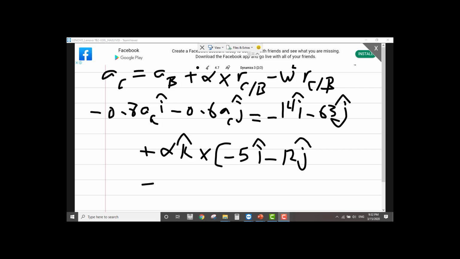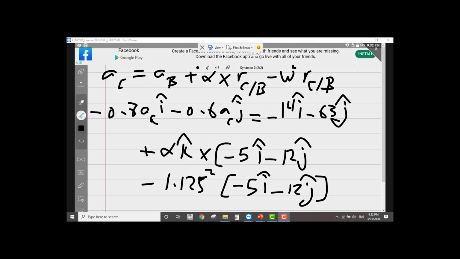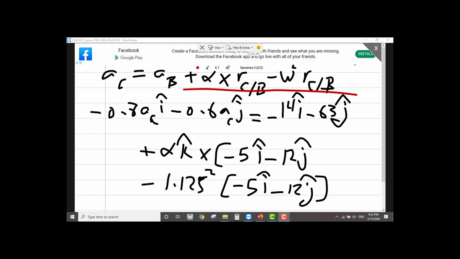Now omega, 1.125 squared, we found previously, times the same vector as before. Now we have one equation. Here is our equation.